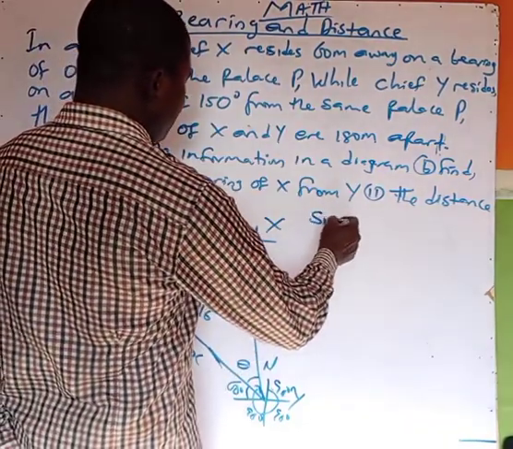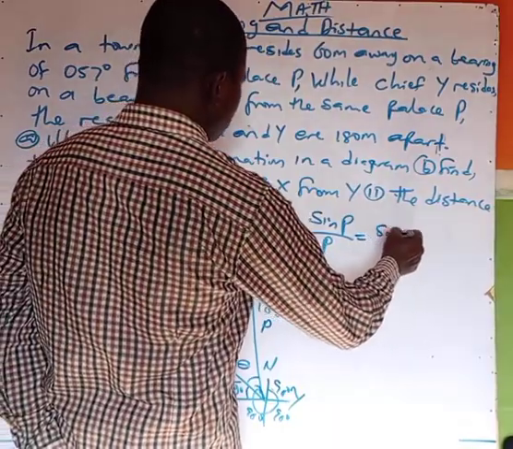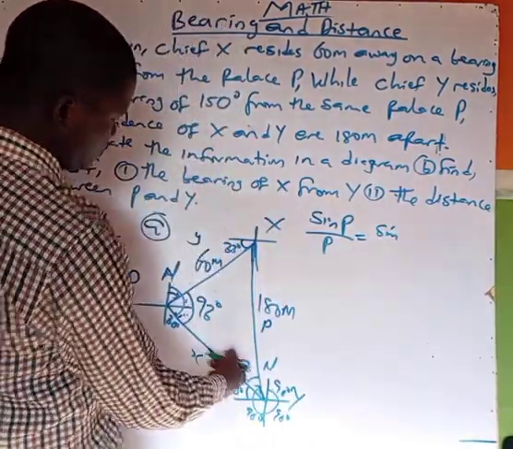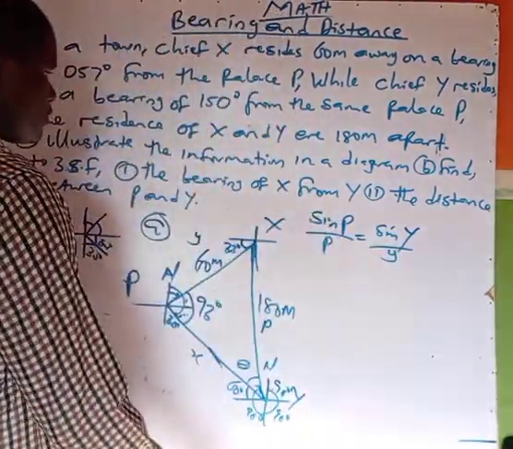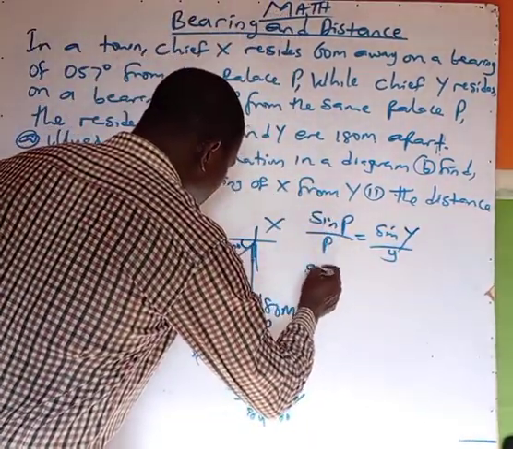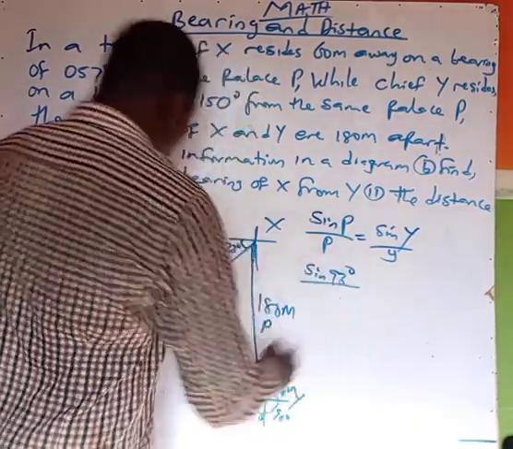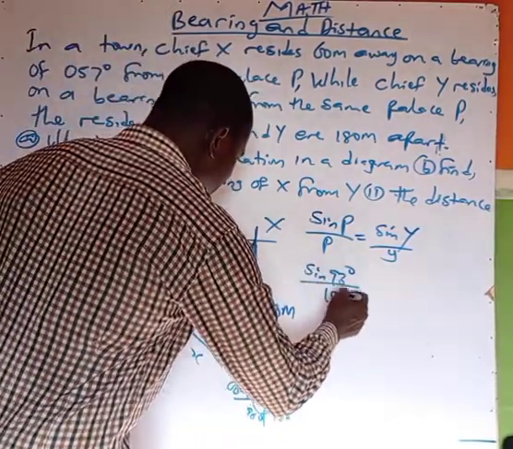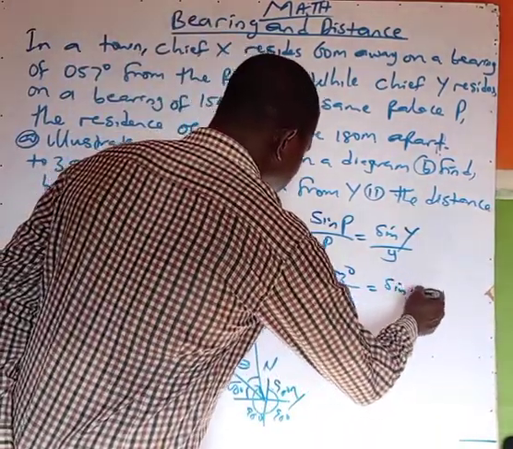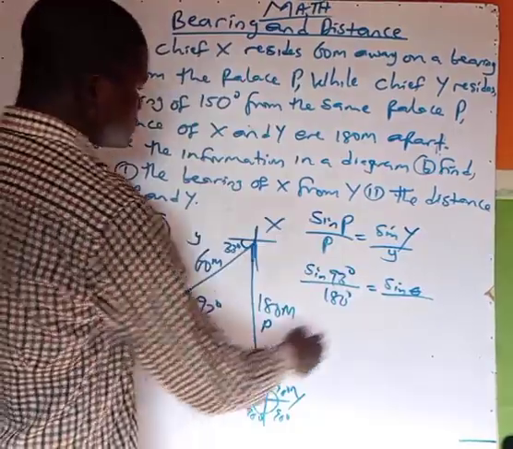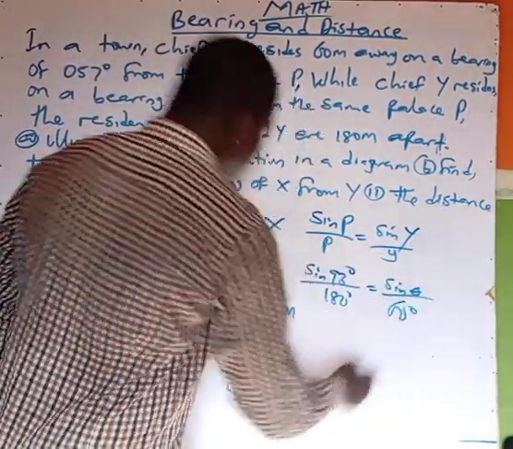So you have sine P over p equal to sine y over y. Sine P, what is P? 93 degrees over p, which is 180, equal to sine y, which is theta here, over y. Y here is 60 degrees.